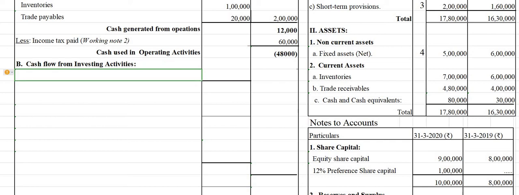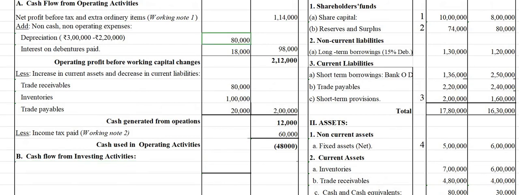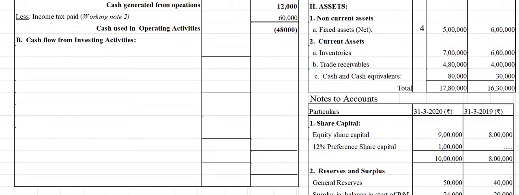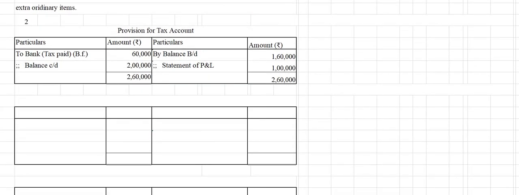Before writing cash flow from investing activities, let us see depreciation, how much we have taken, 80,000. How have we taken it? Closing balance of provision for depreciation account was 3 lakh, opening balance was 2,20,000. That means this year's created depreciation is the difference, 80,000. We can calculate that with the help of a working note also. See, working note 3 we can make. Here we have a provision for depreciation account.